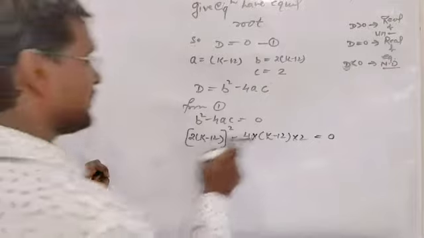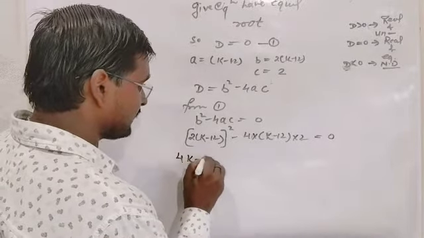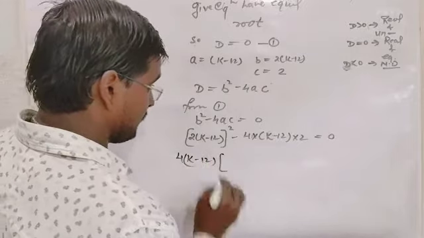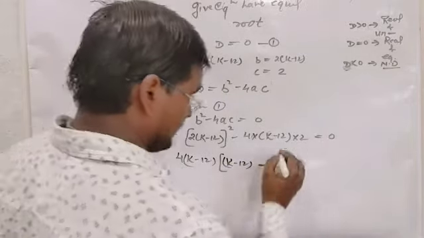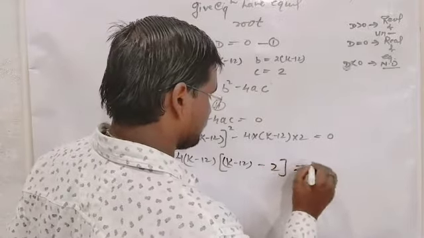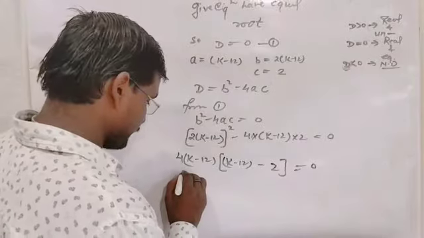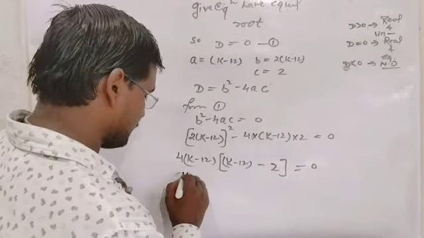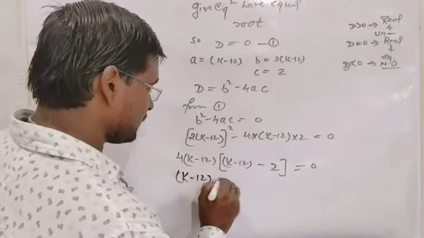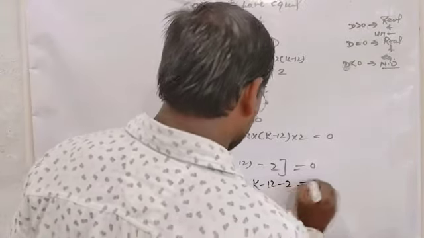In this case, k minus 12 is common in both terms, and 2 square is 4, so 4 times k minus 12 is common. What remains is k minus 12 in one bracket minus 2 in the other, is equal to 0. So 4 goes to the other side, and we get k minus 12 is equal to 0 or k minus 12 minus 2 is equal to 0.